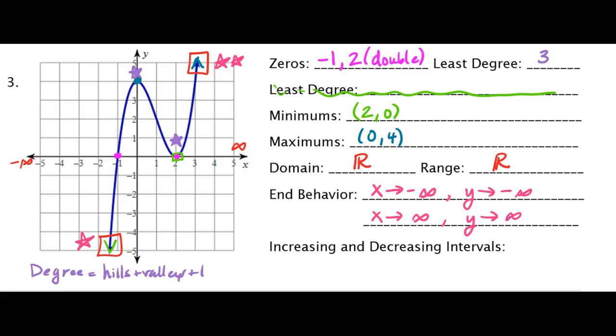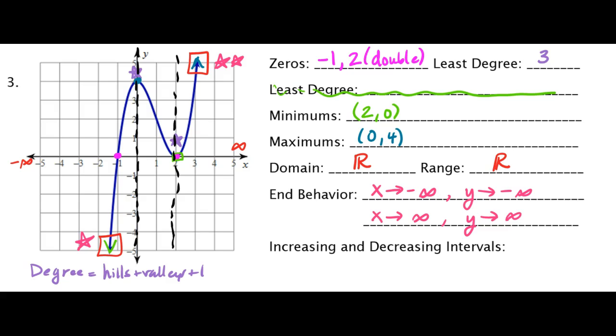Now the last thing we have to talk about are the increasing and decreasing intervals. So what I'm going to do is draw dotted lines through our maximum and our minimum. So I'm drawing in this dotted line, which is a little hard to see because I'm going over the y-axis. And then I'm drawing another one here, which got a little crooked. Okay, so that breaks up my graph into 3 sections.